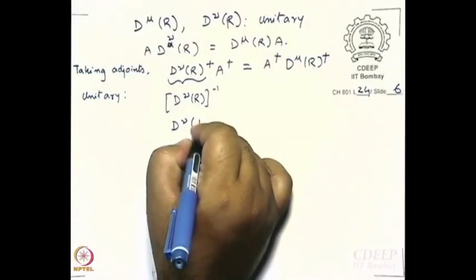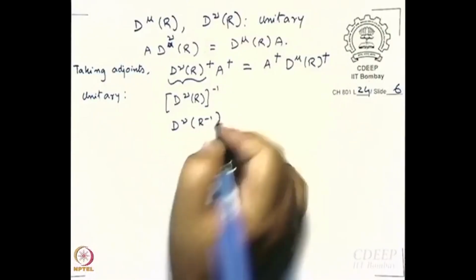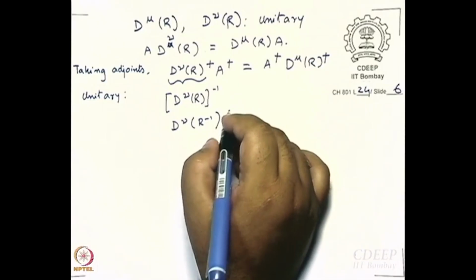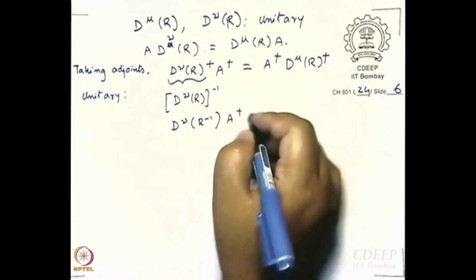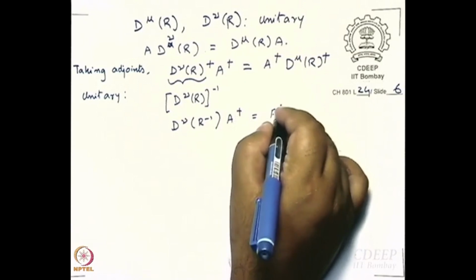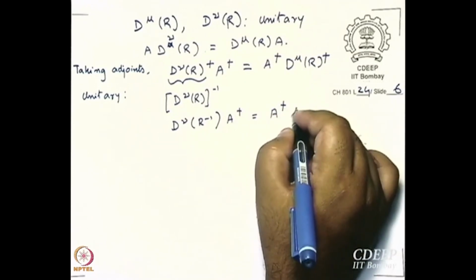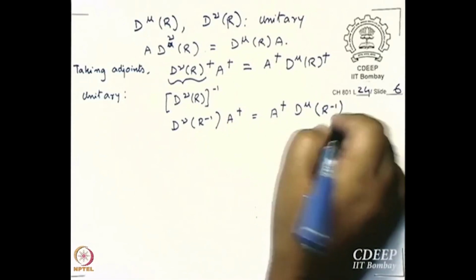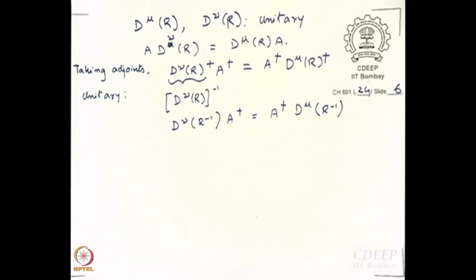So, I can write d nu r inverse A dagger is equal to A dagger d mu r inverse, alright. And then I want some kind of a similarity transformation. For that I can either right multiply or left multiply.